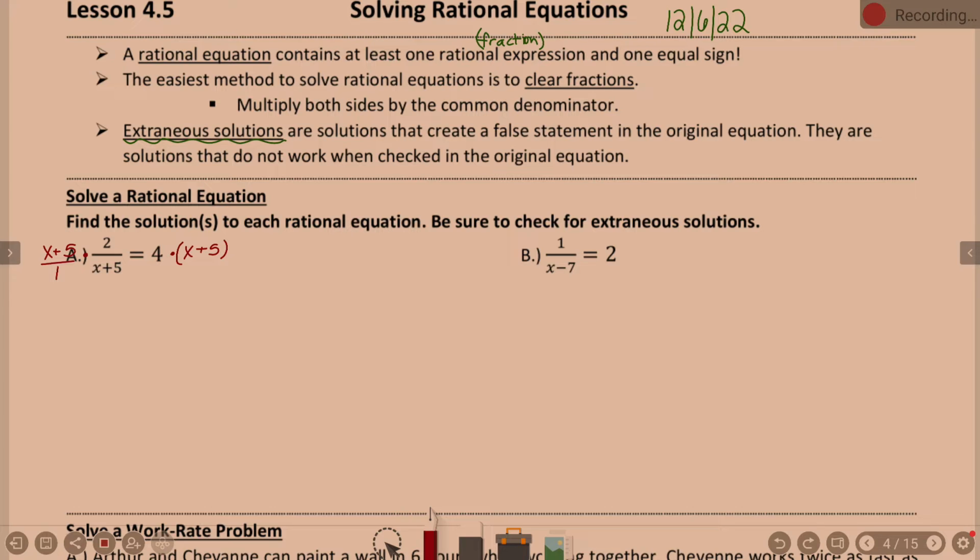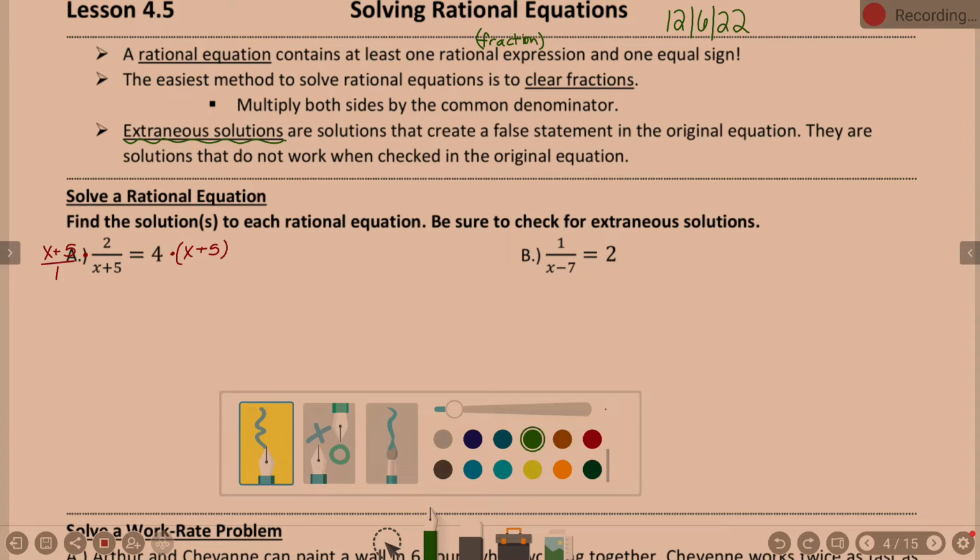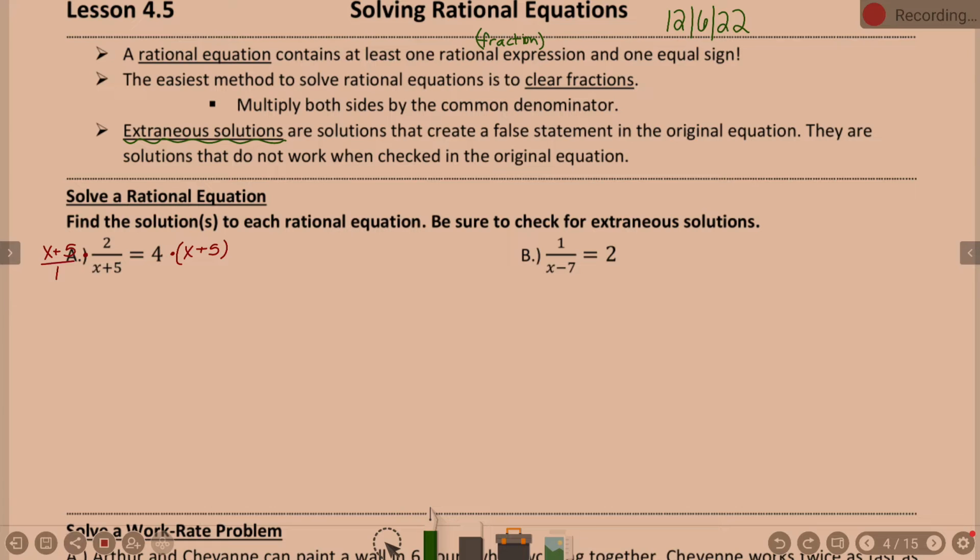If I have x plus 5 over 1 times 2 over x plus 5, what do you know? The x plus 5 on top will cancel with the x plus 5 on bottom, yes? If those cancel, and they just become 1s, what remains on the left side? 2. So we're going to have 2 equals 4 times x plus 5.